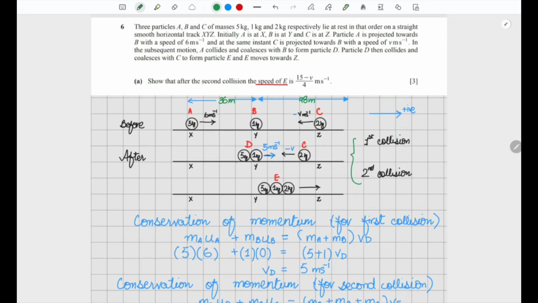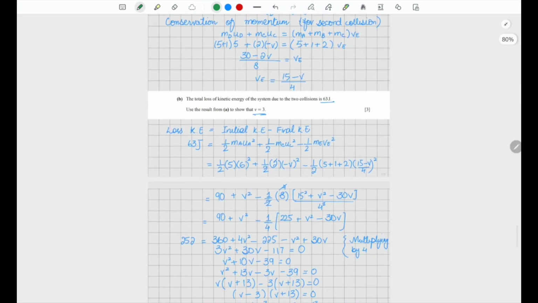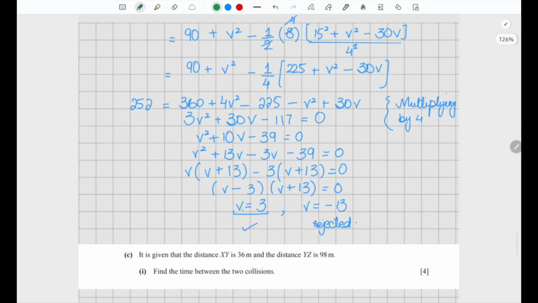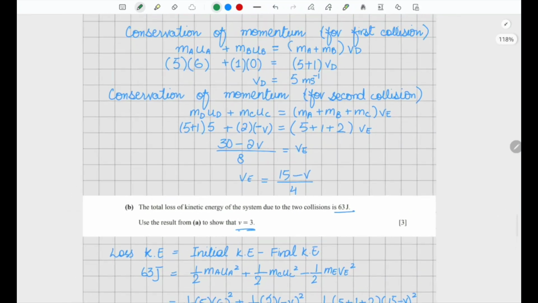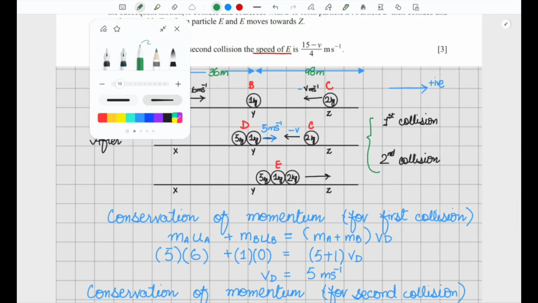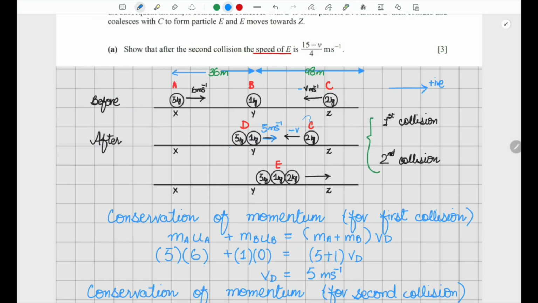One thing that I want to mention is the velocity of c that we just found to be 3 meters per second. So I also want to mention it here. So it would be 3 minus of 3.